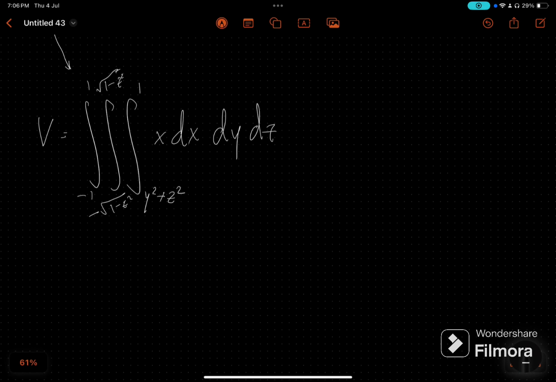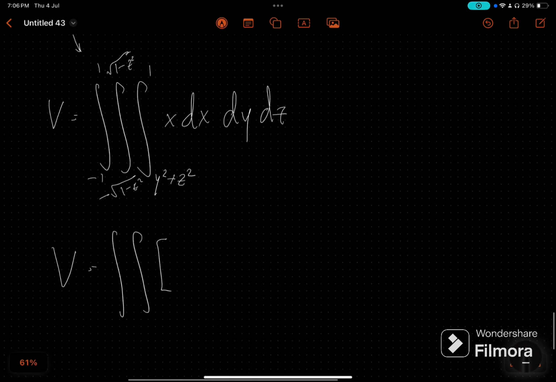Okay, so let's evaluate this integral from the inside. And I'm going to show you how we're going to not bump into the issue that we bumped into, which is the trigonometric integration and implementing all of these techniques. Now we're gonna try to find a way to make it easier for us. So here we're gonna have x squared over 2, from y squared plus z squared to 1.